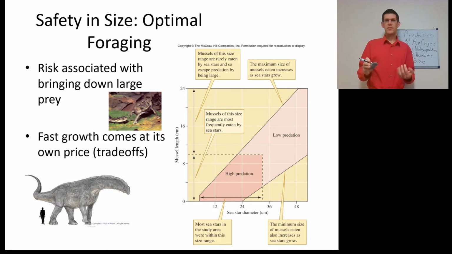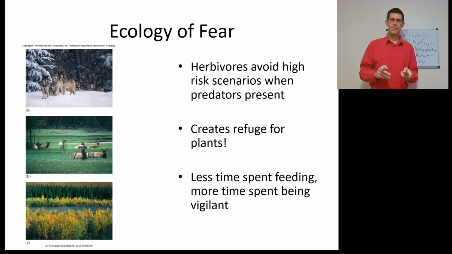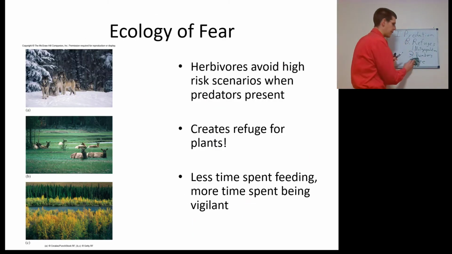But once the mussel length is, say, over 14, only sea star diameters over 36 are going to be actually eating these mussels, and those are less common. So for most sea stars, they're not going to want to try or be able to try a mussel that is 16 centimeters long. So that is an escape from predation and a refuge in size. Now, refuges can come at a price.